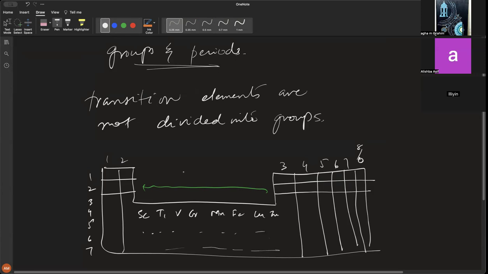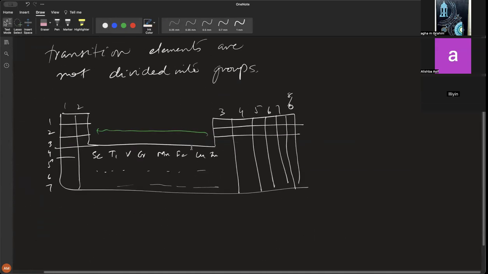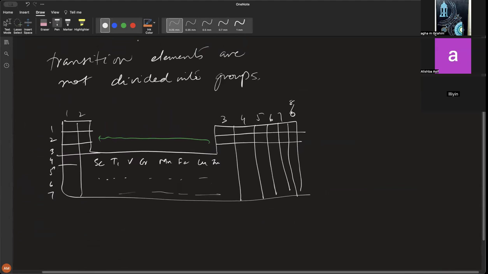They do not have any groups, but they do have periods. So when we talk about transition elements, they are not divided into groups, but only into periods.